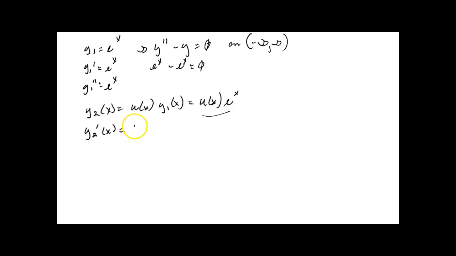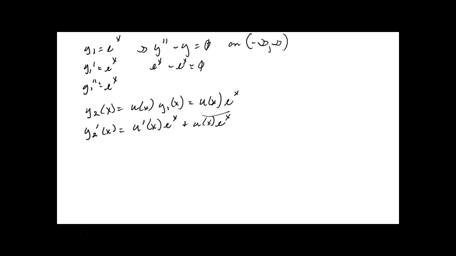The derivative of u of x, u prime of x, times e to the x, plus the first times the derivative of the second, u of x, e to the x. Yeah, it's the derivative of the first times the second plus the first times the derivative of the second. That's how I was doing it. But yeah, same thing.